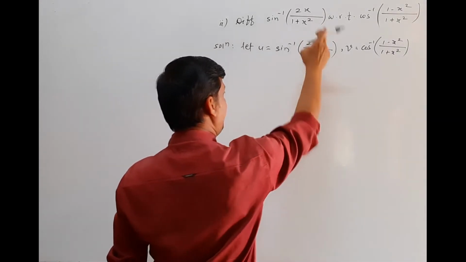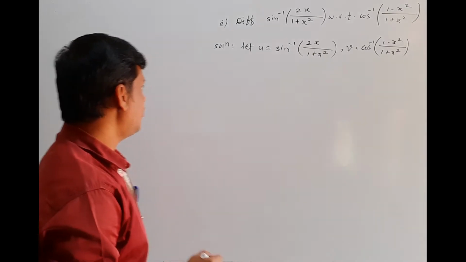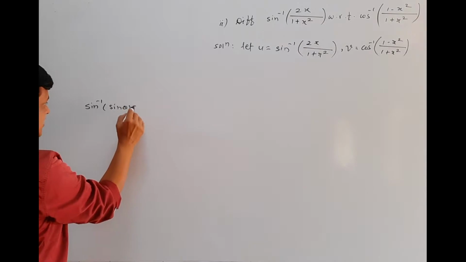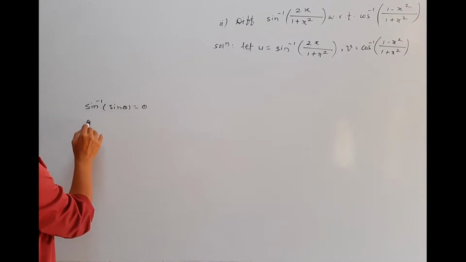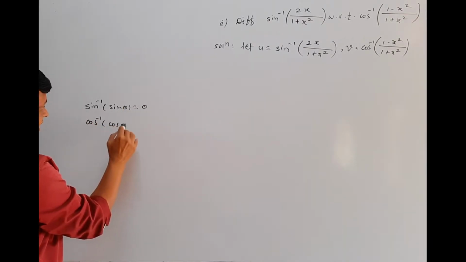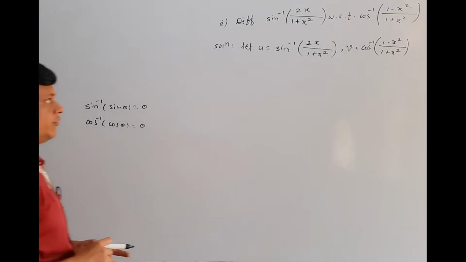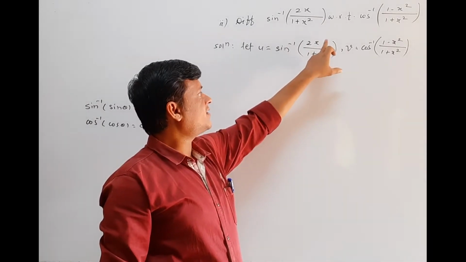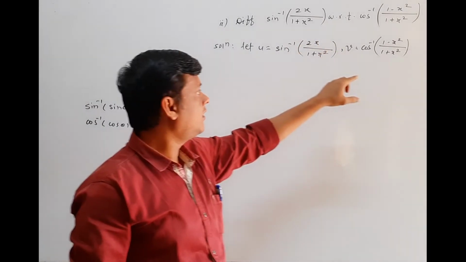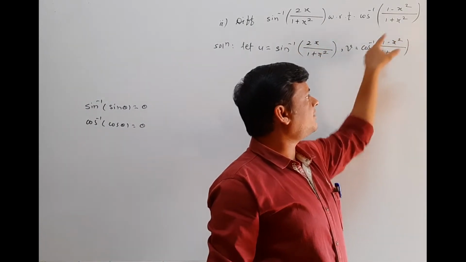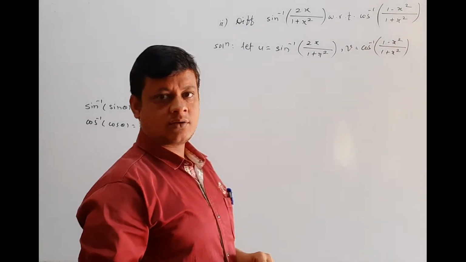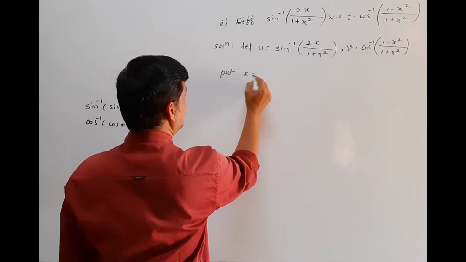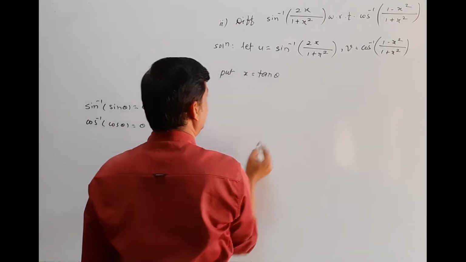So first we simplify the bracket, because here we have to apply sin inverse of sin theta is equal to theta form and cos inverse of cos theta is equal to theta. So for that we convert this bracket in terms of sin, and for this cos inverse this bracket as cos. So we write here put x is equal to tan theta.